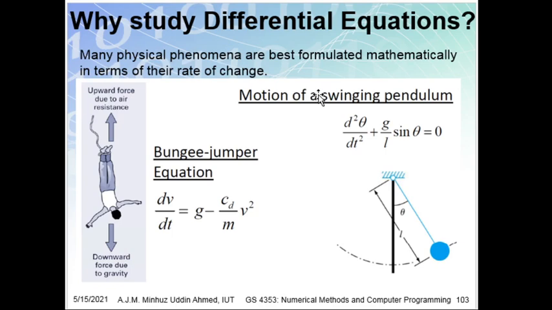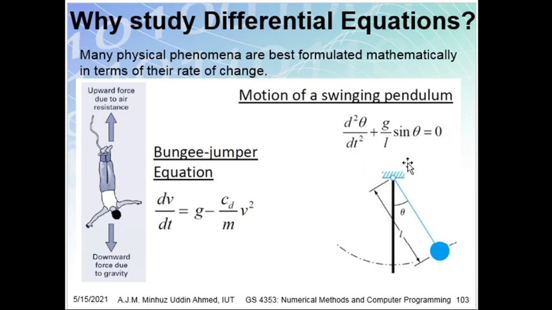It will be easier for us if we express these in terms of that rate of change of that particular function. If I give an example, you can see these two examples I have provided here. The motion of a swinging pendulum can be expressed with differential equations, that is, we can use the double derivative, or acceleration, in the motion of the swinging pendulum.